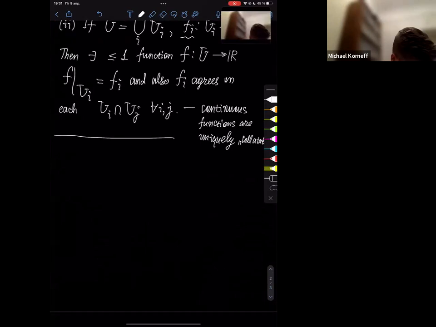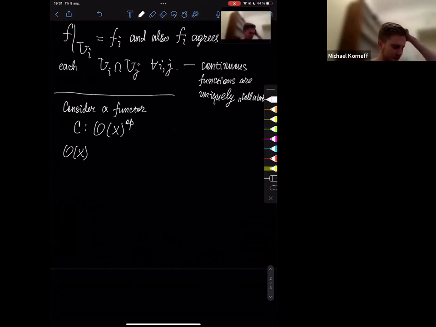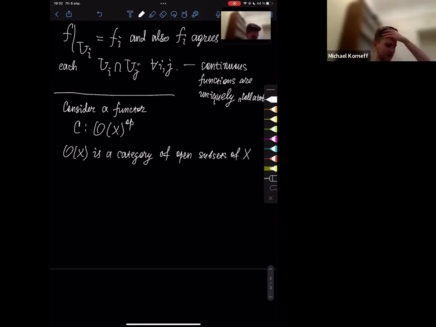And now consider a functor C from O(X) opposite. O(X) means the set of all open subsets of X, and it is a category, the category of open subsets of X, whose arrows are just inclusions.